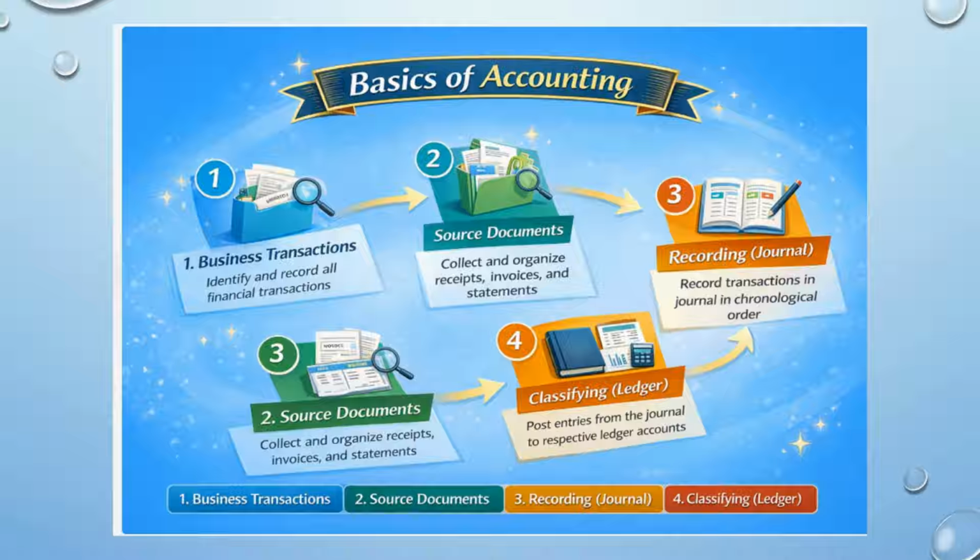And then, most important, classifying as a ledger: assets is a ledger, supplier is one ledger, raw material is a ledger, stock is one ledger. So we are classifying the ledger between the transactions, posting entries from the journal to the respective ledger accounts. So there are four classifications: the business transactions, the source document, recording the journals, and classifying the ledger.